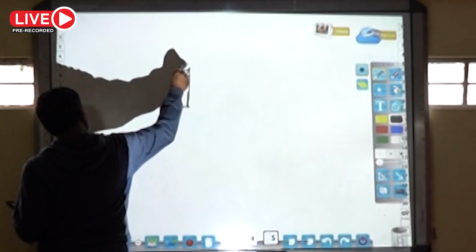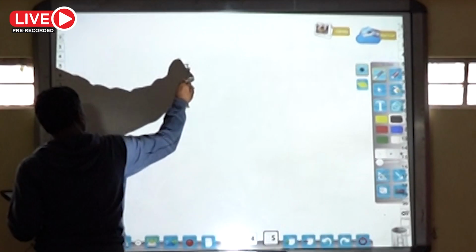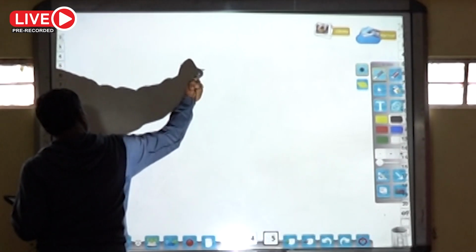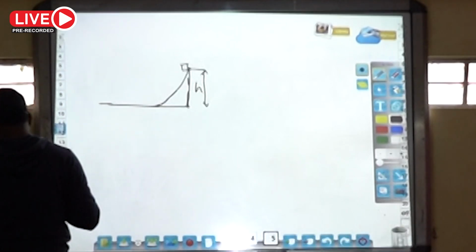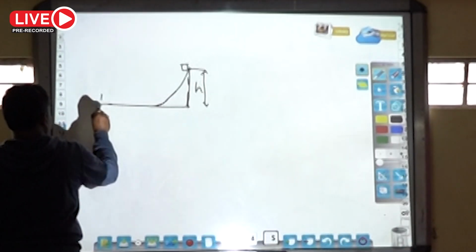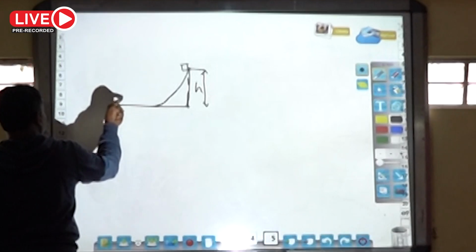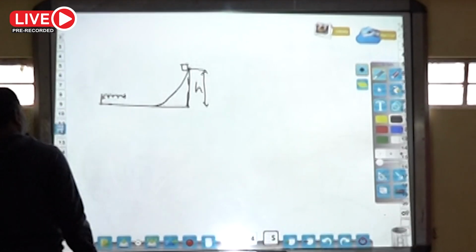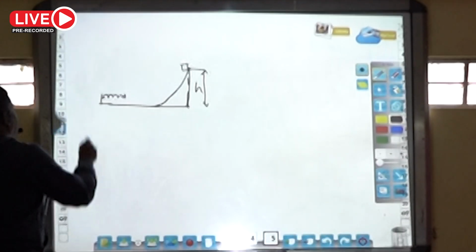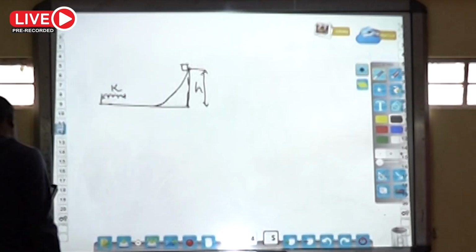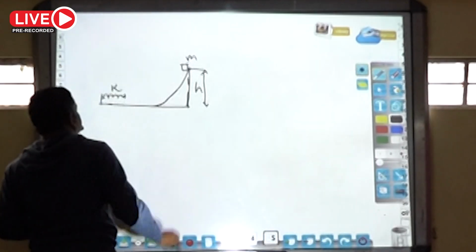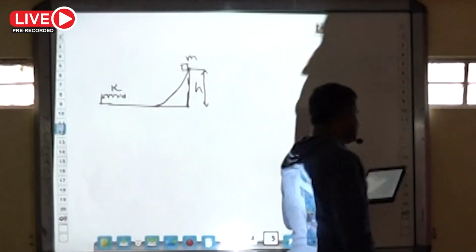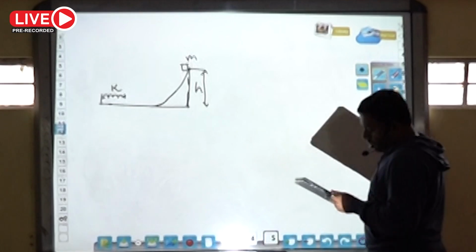The block is released from here at a height h. This is the spring having spring constant K. The mass of the block is given as M. There is no friction in any portion of the path.